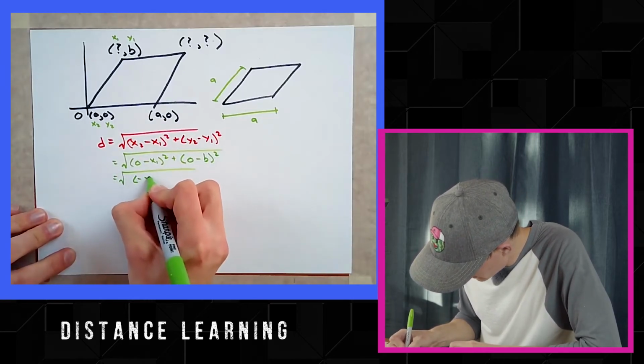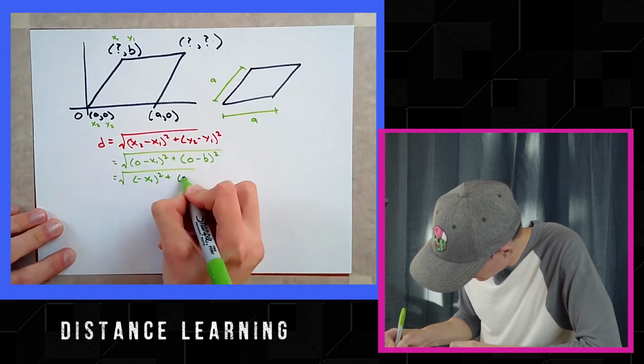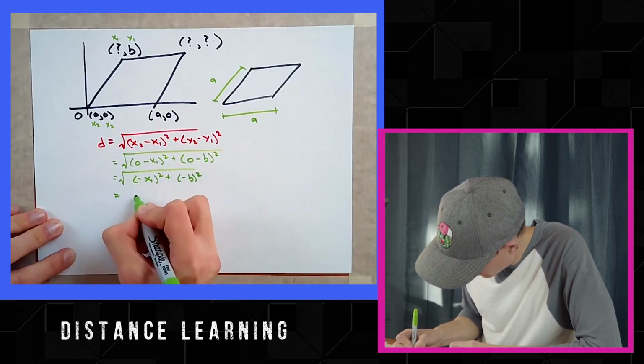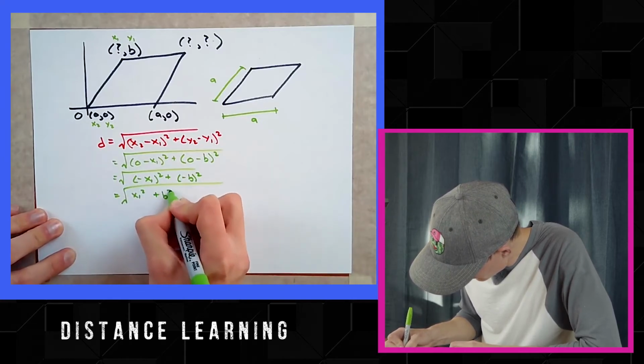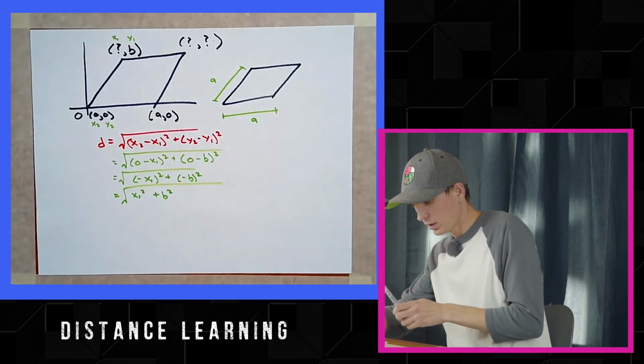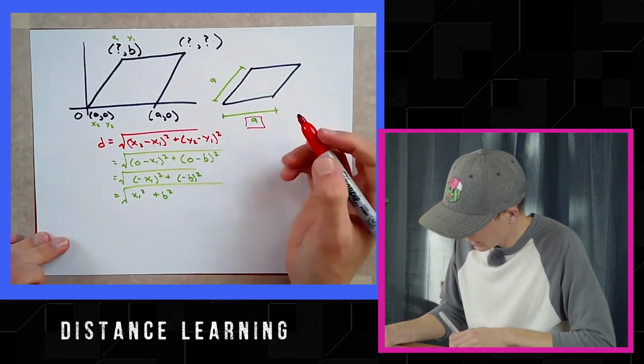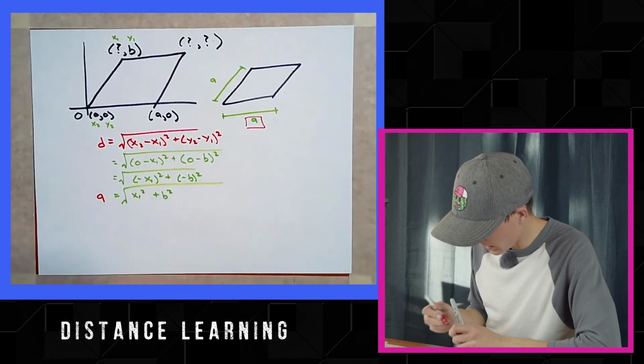Reduce that, minus x1 squared plus negative b squared, which is x1 squared plus b squared, right? But all that equals a, that whole distance.